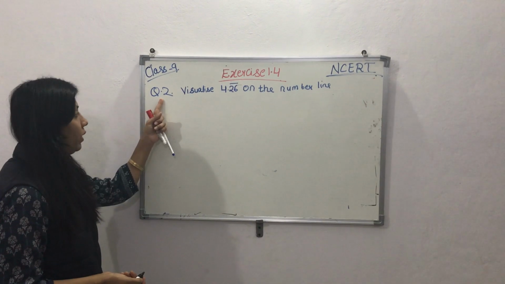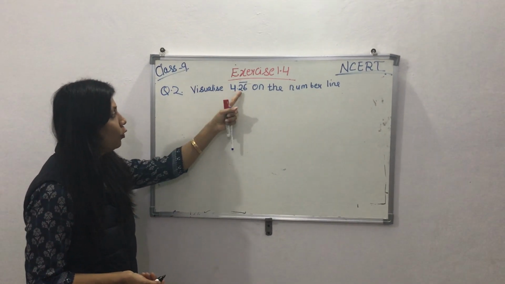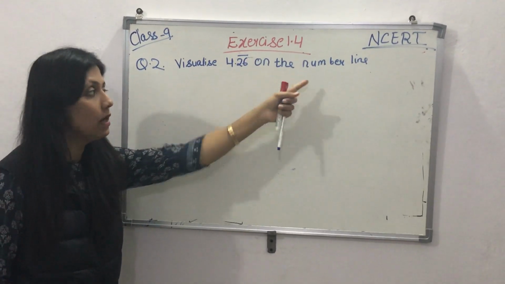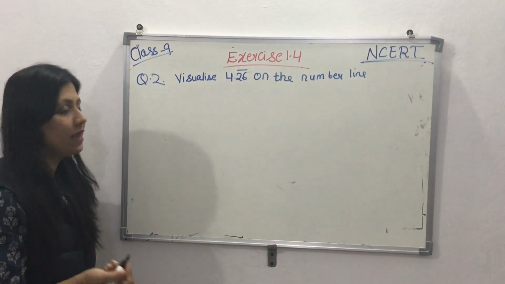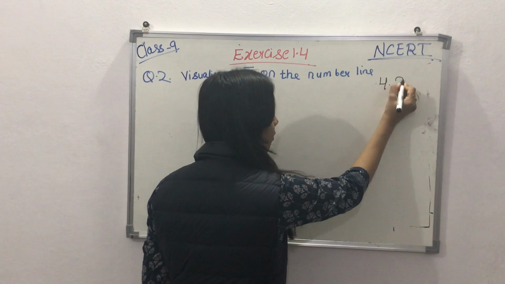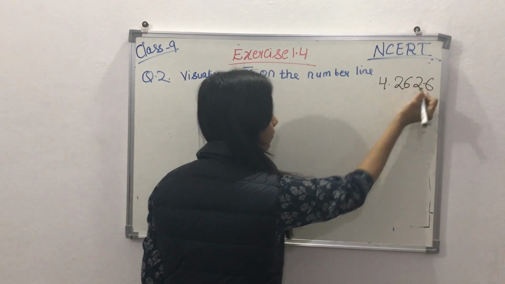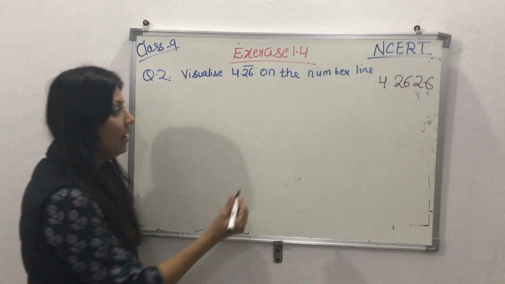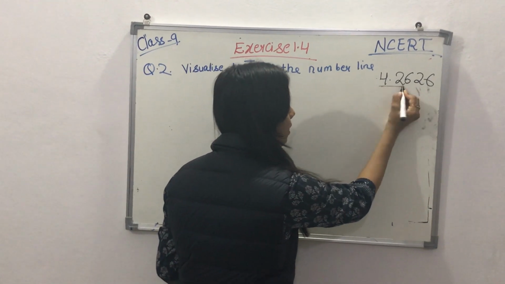Now question number 2 is: visualize 4.26 bar on the number line up to 4 places of decimal. So 4 places of decimal means 4.2626. So first of all, let us represent 4.2 on the number line.